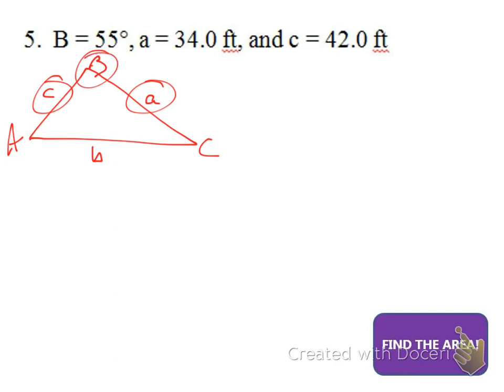jump right into the formula and find the area by just taking 1/2 times the length of A, which is 34.0, times the length of C, which is 42.0, times the sine of 55 degrees, because that's the angle in between them.